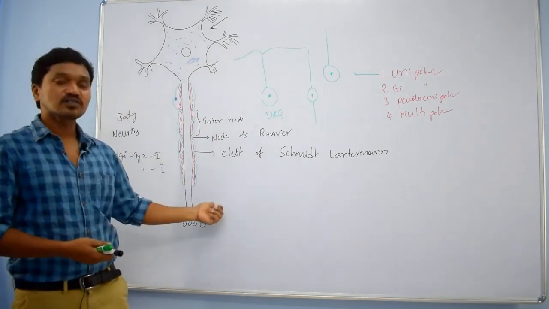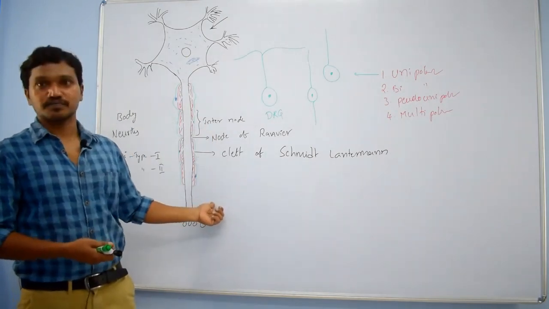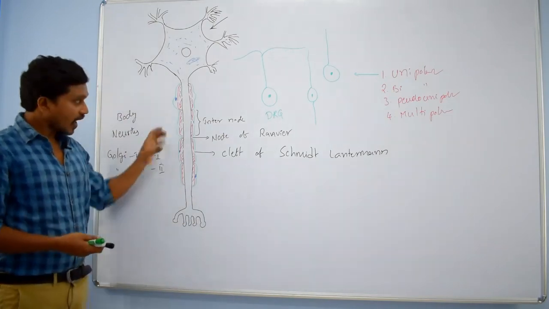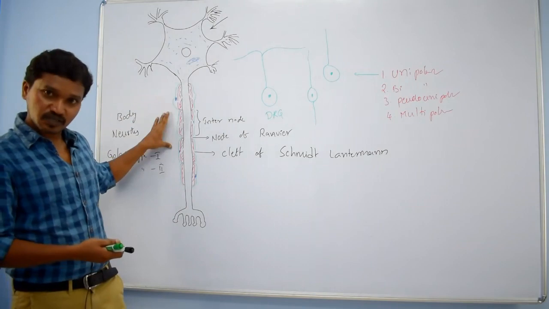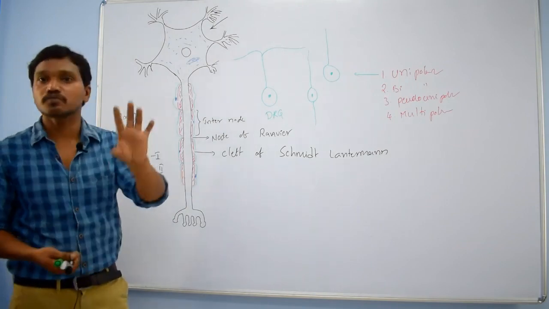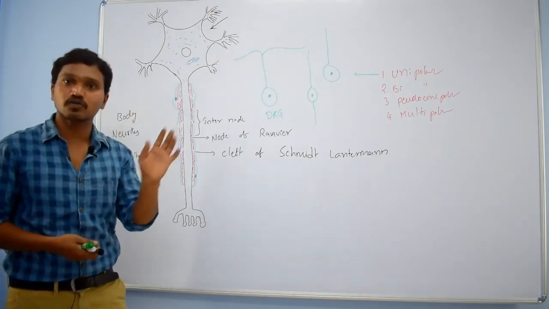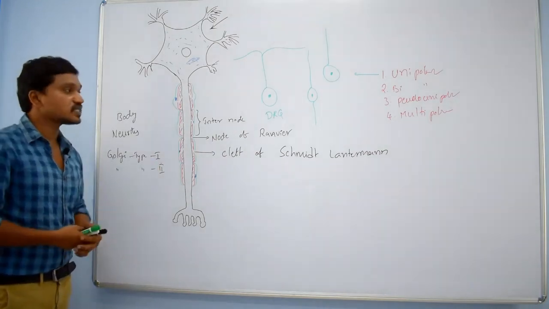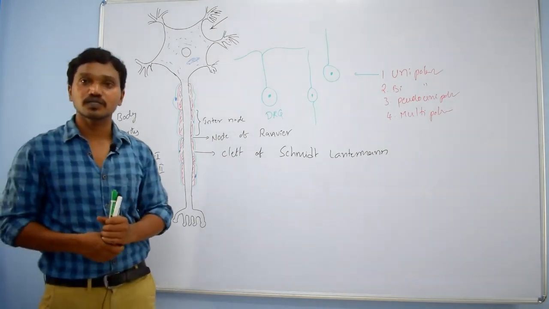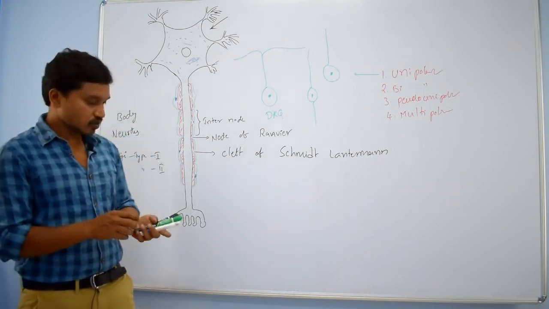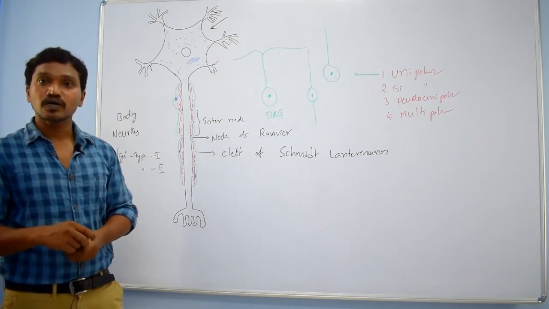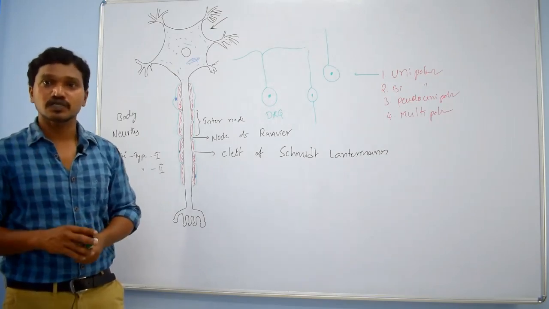That means the axon is very long. But in case of Golgi type 2, the axon will be shorter. That means either shorter, or sometimes it will be absent. That means no axon at all. These type of neurons we call Golgi type 2 neurons. In the Golgi type 2 neurons there will be one special feature.